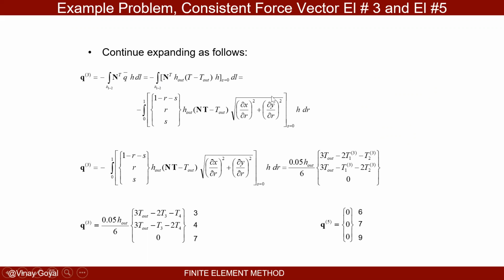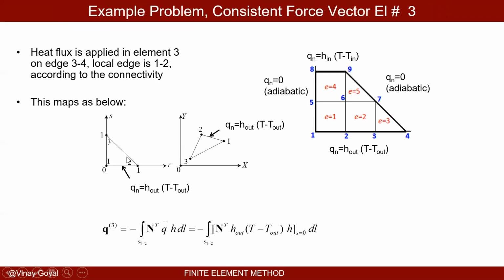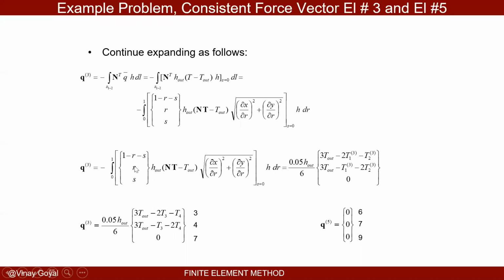And then here you have the square root of this, dr. Why is that? Because I'm varying along the r direction. And S is 0 on this edge, and then I'm integrating along this edge. That makes total sense. And then square root of this, that makes sense. DR cancels out, so this is DL, right?